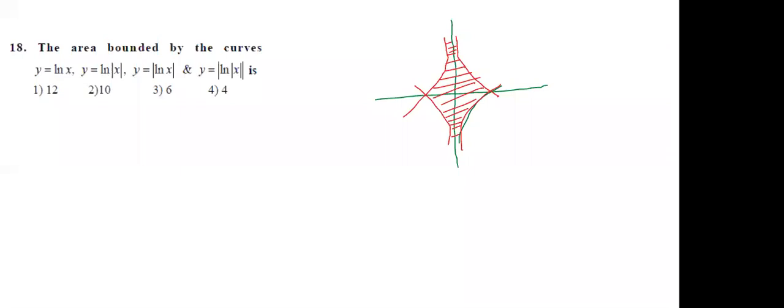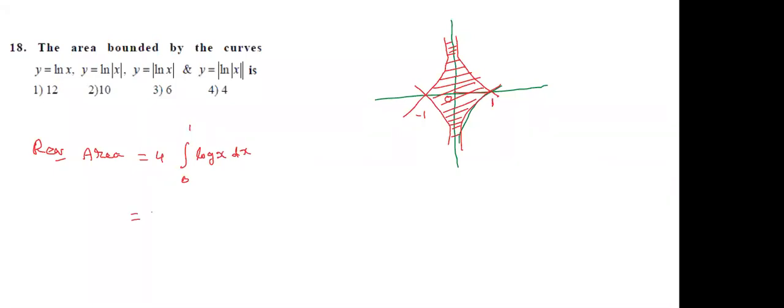Now the required area is equal to 4 times the integration of one of the parts. One part means I am taking log x dx. What are the limits? This is 1, this is minus 1. Take any one. I am going to take 0 to 1. This is the origin, you know very well. So 0 to 1 log x dx.